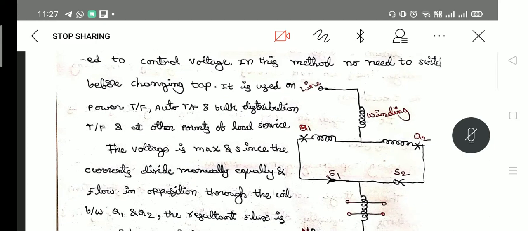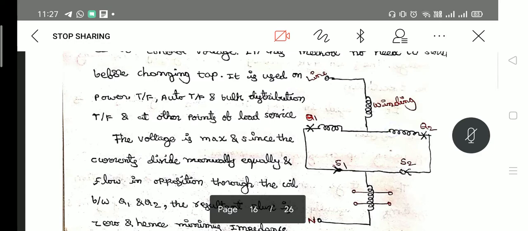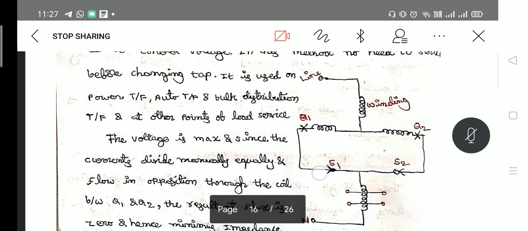Fourth step is open Q2. Then after opening Q2, move selector switch S2 to the next position, then close Q2. These six steps are followed in order, and only then can we maintain constant voltage in this on load tap changing transformer.